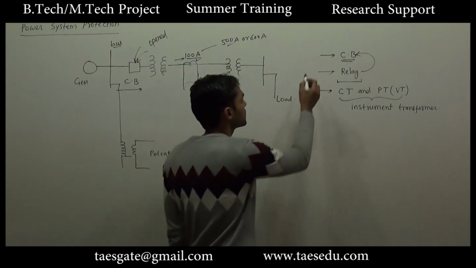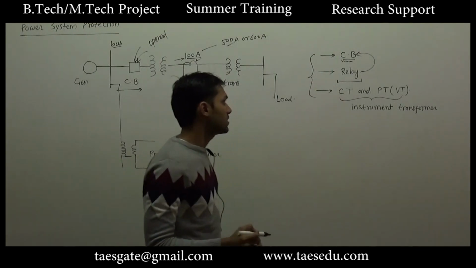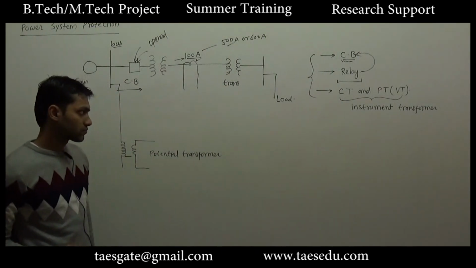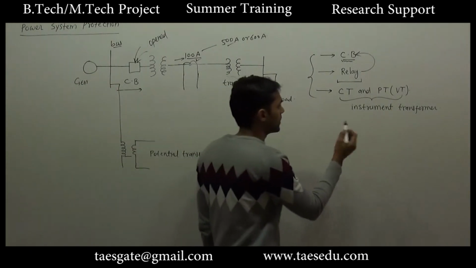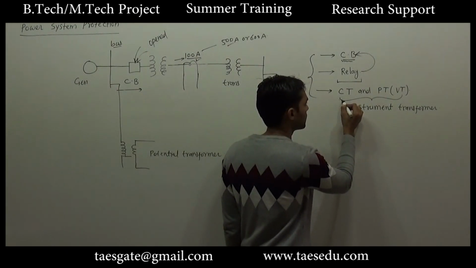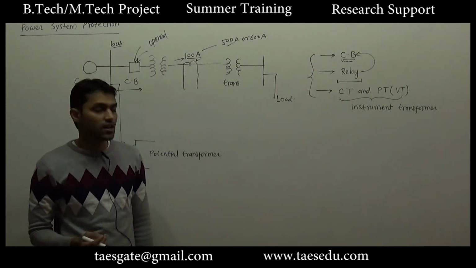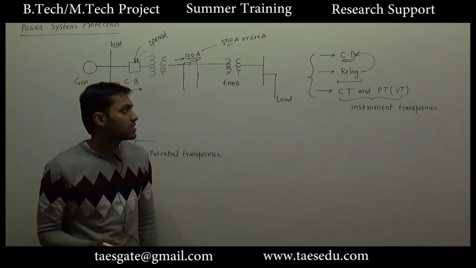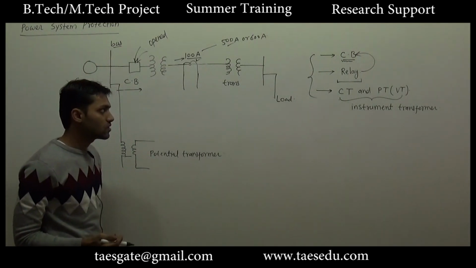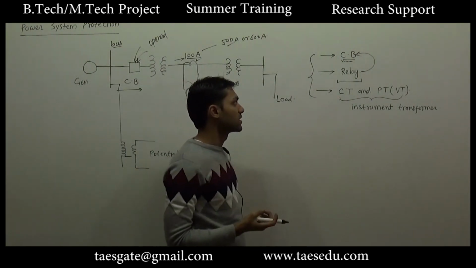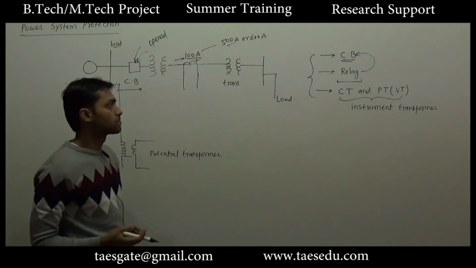So these are the three basic components that we have to study in power system protection. Out of these three elements, we have studied the operation of current transformer and potential transformer in measuring instruments. So basically we have to study circuit breaker and relay.